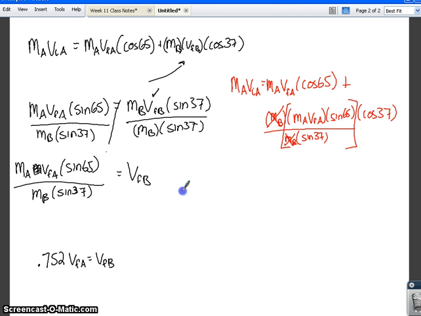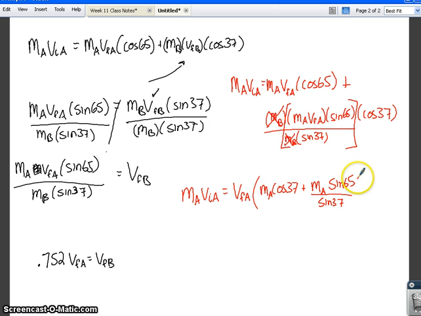So if we rewrite this again, mass of A, velocity initial of A equals velocity final of A, I'm factoring it out, times mass of A cosine 37 plus this whole thing, mass of A sine 65 over sine 37 times cosine 37.